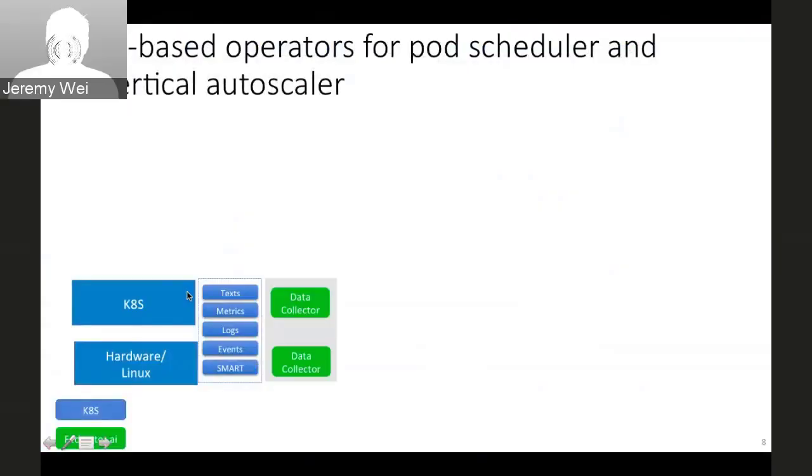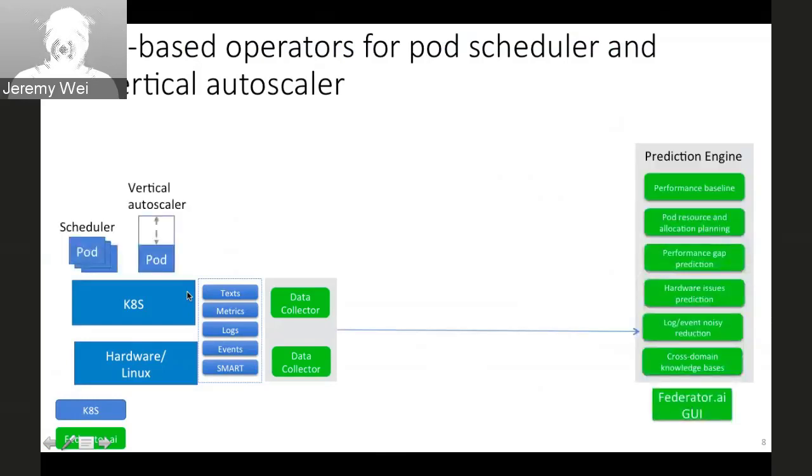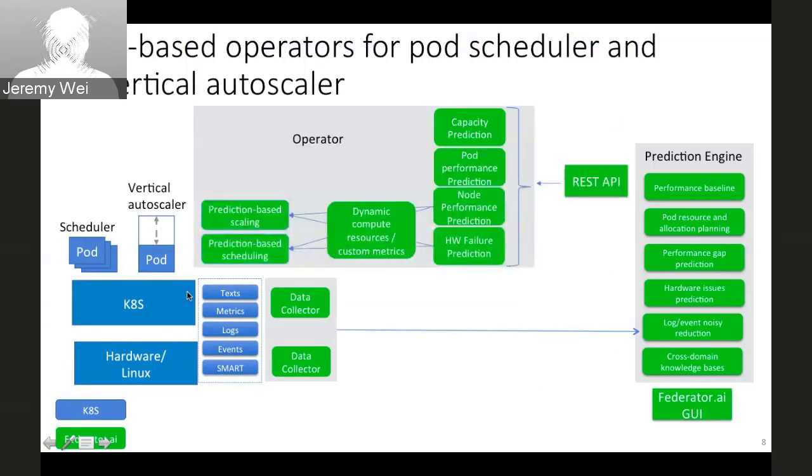So first of all, our data collectors can learn the continually changing demands from the cluster and feed them to the prediction engine on the right. And then the prediction engine will generate the prediction for the future demands, including compute resources and future events. And last, we provide this kind of intelligence to the operator.